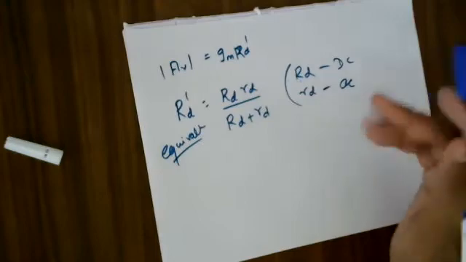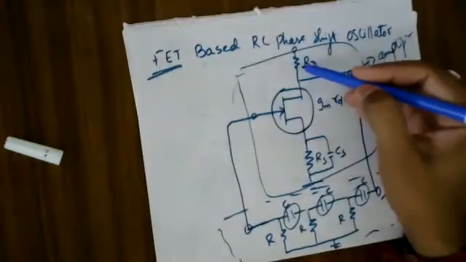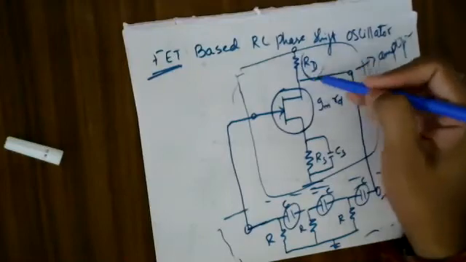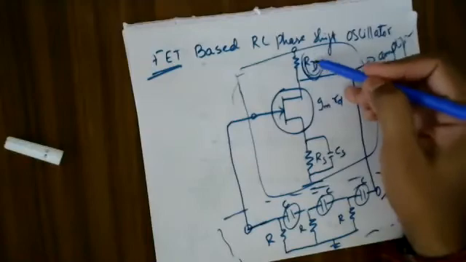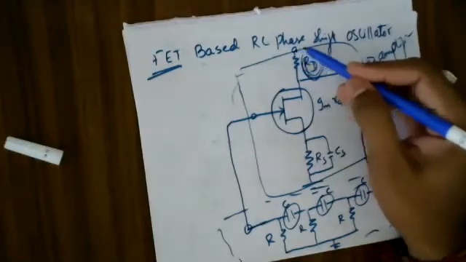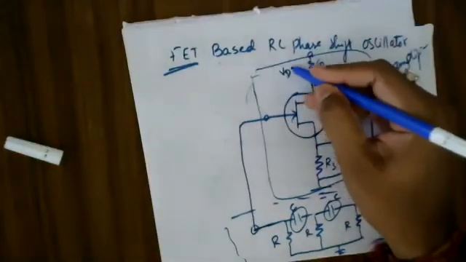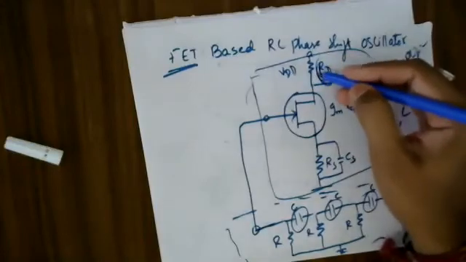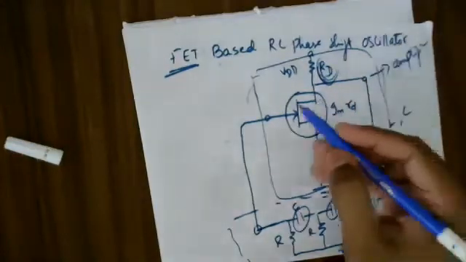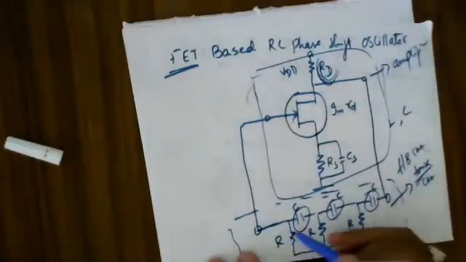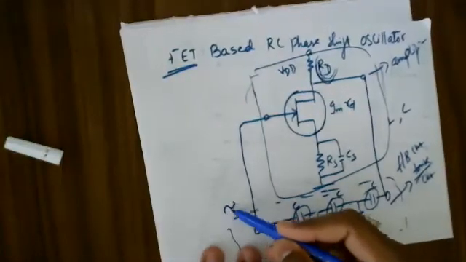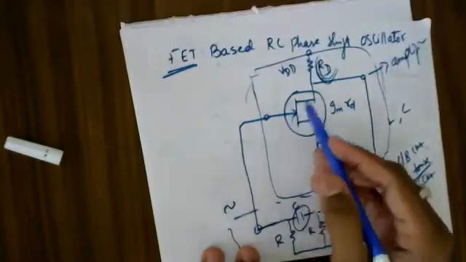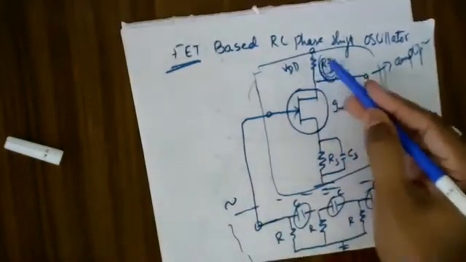Because you know that this RD, which I've written with the capital letter, will come into picture when this DC voltage VDD is applied to the circuit. But whenever I apply the output of this feedback circuit, which is a sinusoidal signal, as an input, at that time this is nowhere a DC resistance.